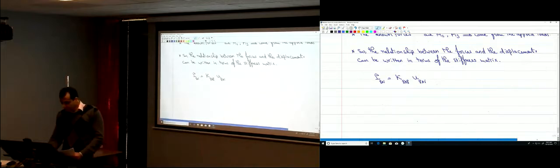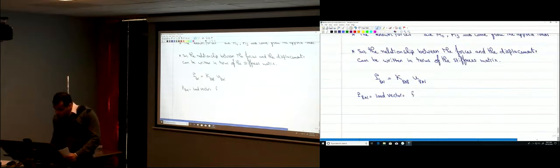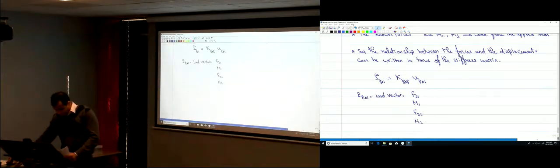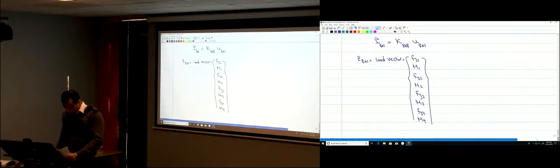So here, let's write the 3 matrices first. P, which is 8 by 1, this is the load vector. And this has the forces Fy1, M1, Fy2, M2, Fy3, M3, Fy4, M4. This is the load vector.